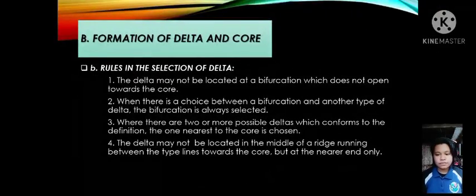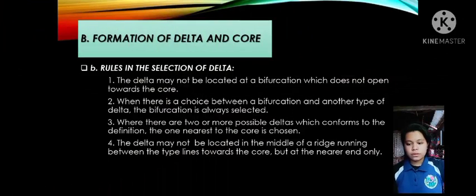If delta have 6 types, delta also have rules in the selection of delta. First, the delta may not be located at a bifurcation which does not open towards the core, like this. The second rule in the selection of delta is when there is a choice between a bifurcation and another type of delta, the bifurcation is always selected.